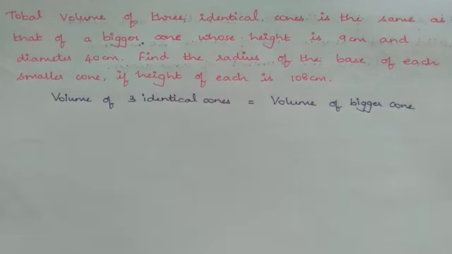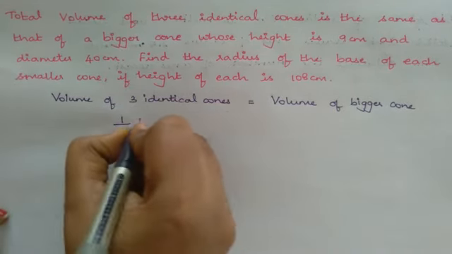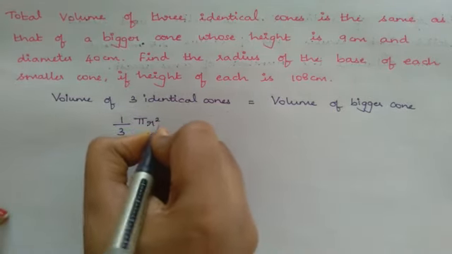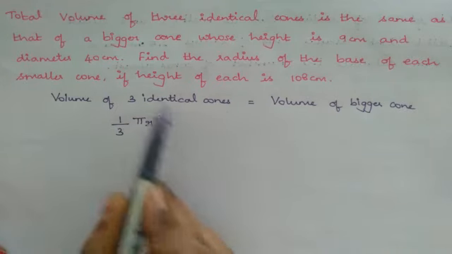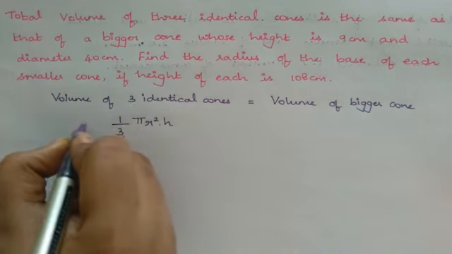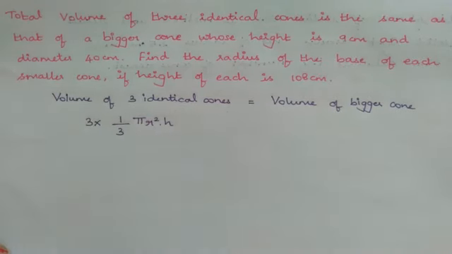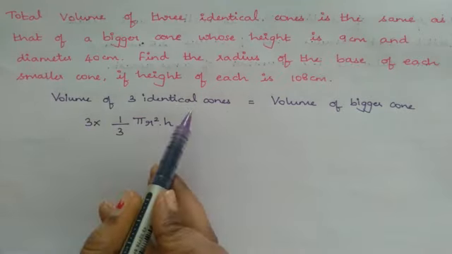Now let's write the volume formula for a cone: 1 by 3 pi r squared h. Since this side we are talking about the volume of 3 identical cones, it will be 3 into 1 by 3 pi r squared h.